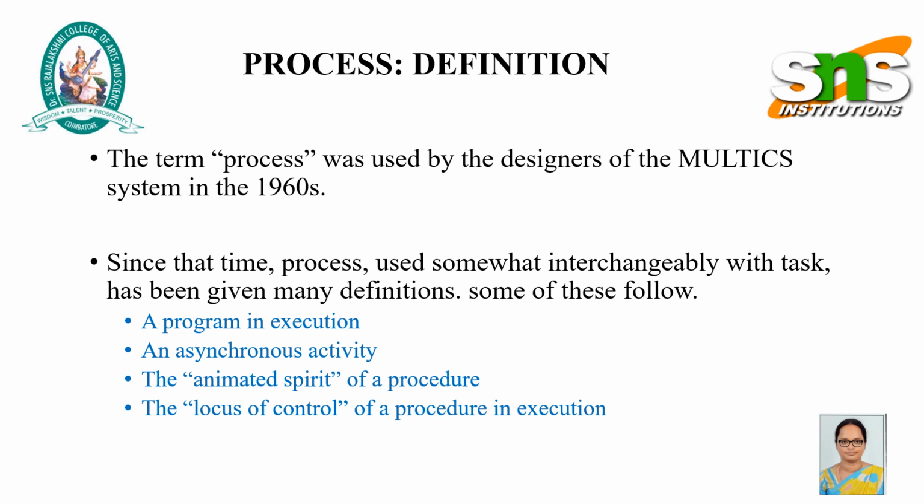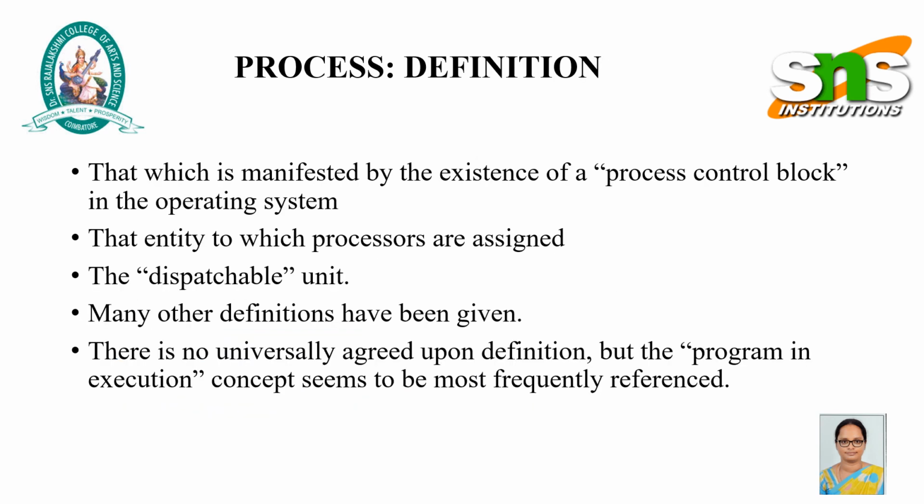So we can define process in all these ways: that which is manifested by the existence of a process control block in the operating system, that entity to which processors are assigned, the dispatchable unit. Many other definitions have been given.